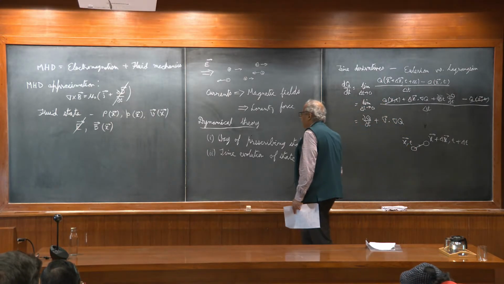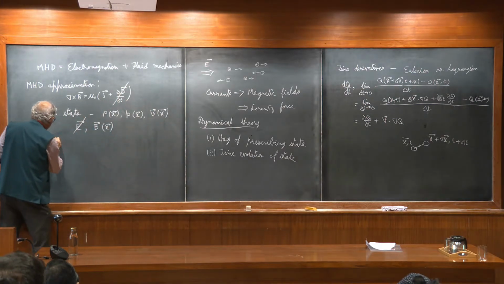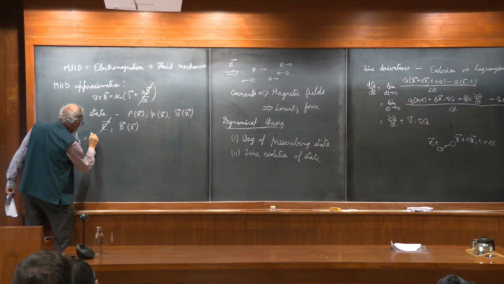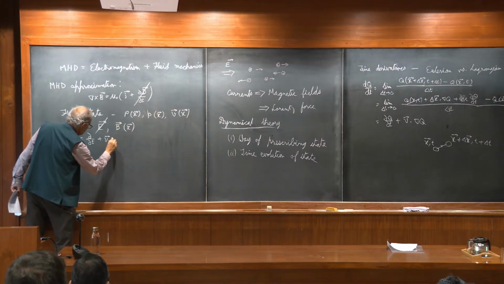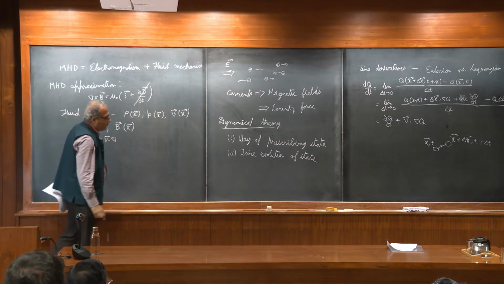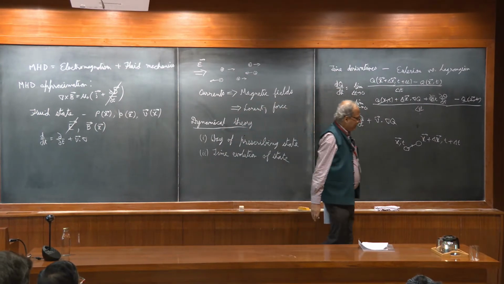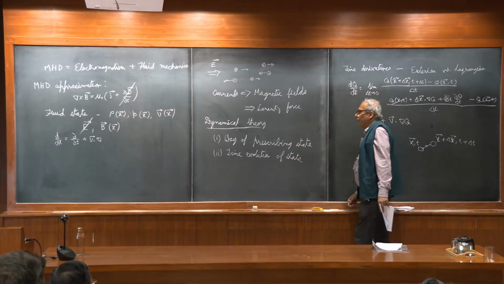So we can write down an operator of this form connecting the Lagrangian and Eulerian time derivatives. If you can find one of the time derivatives, Eulerian or Lagrangian, you can easily get the other kind.